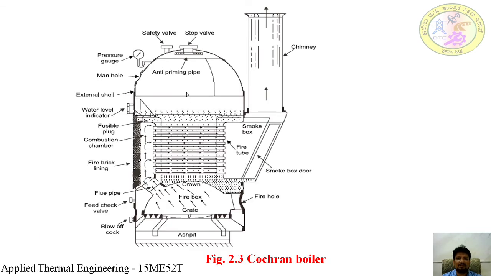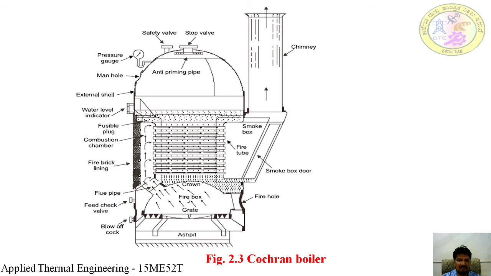So this is the sketch of the Cochrane boiler. This is the vertical type of steam boiler. The top is hemispherical in shape, and the rest is completely cylindrical. These two are assembled by means of welding or rivets. Once assembled, the internal part is also hemispherical in shape.